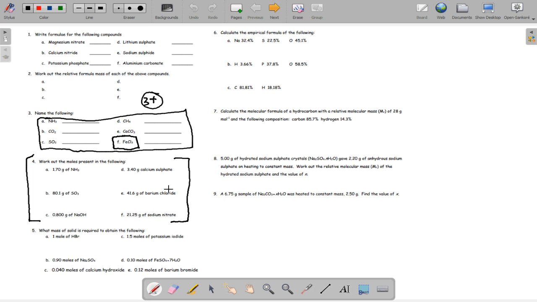We need one atom of that, and we need 2 Cl atoms in order to cancel out the plus 2 charge. So we need 35.5 times 2, and that gives us 208.3. So 137.3 plus 35.5 times 2 is 208.3.